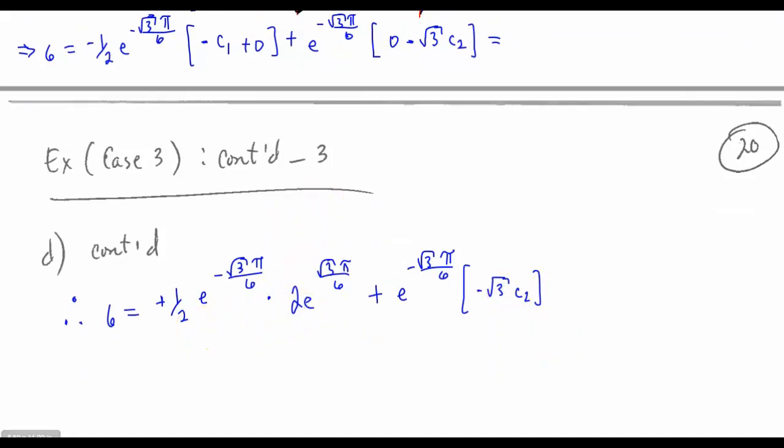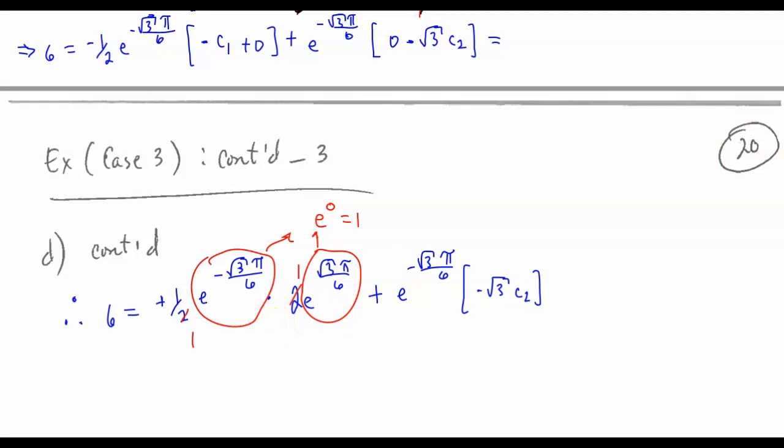Now, for this first term, what we see here is that this 2 and this 2 will reduce to 1. And when I multiply this term and this term together, I'm going to have a net result of e raised to the 0, which is also 1. Okay, so this whole entire term here is just going to turn into 1.